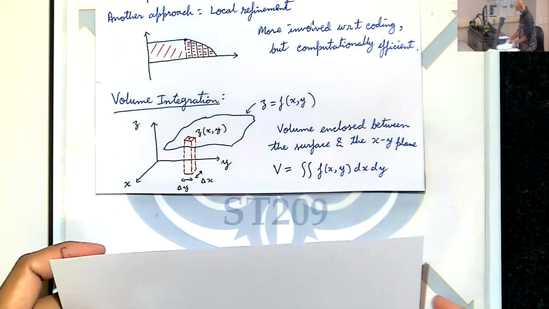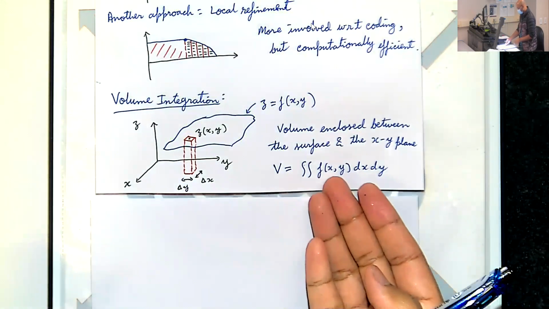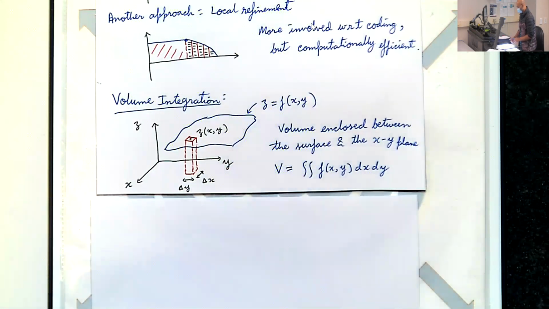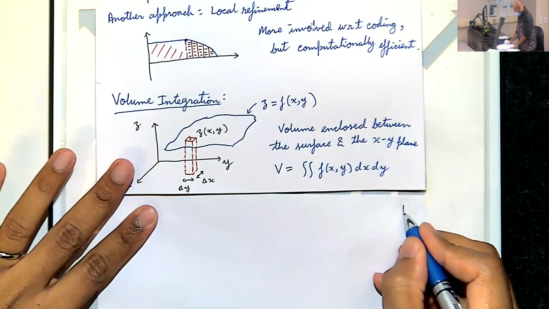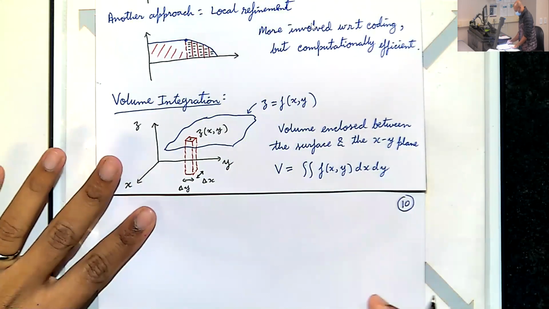That's the continuous form, which is nice if you know the analytical function f(x,y). But if you don't, you have to use numerical integration.